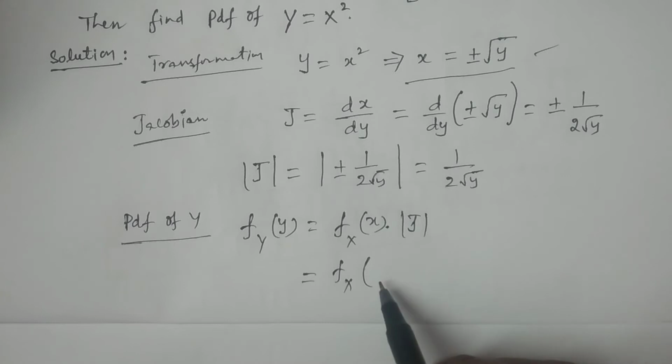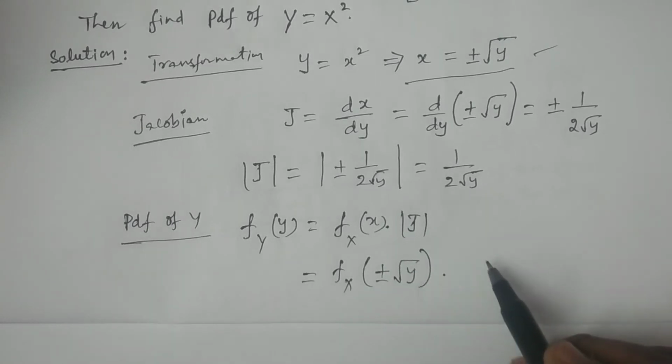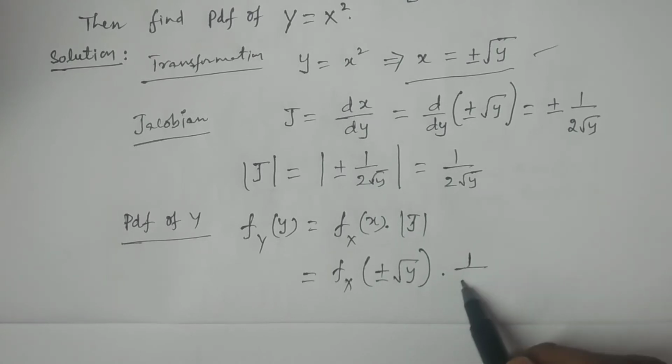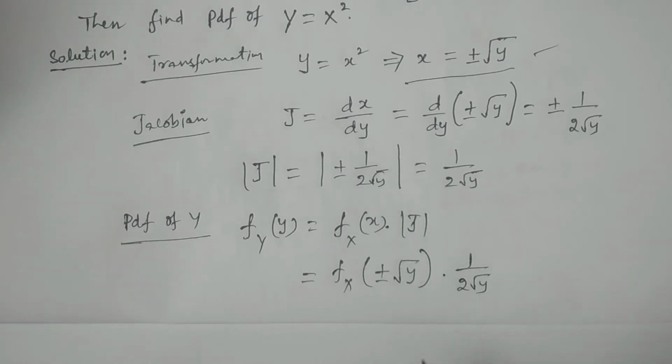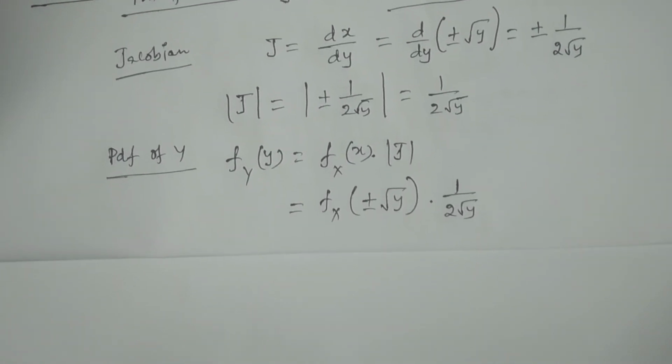The transformation of x is plus or minus root y, multiplied by the modulus of the Jacobian, 1 by 2 root y, right?